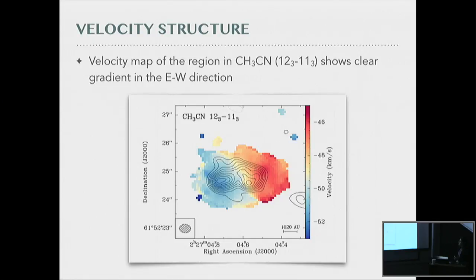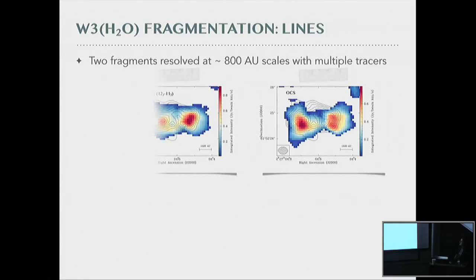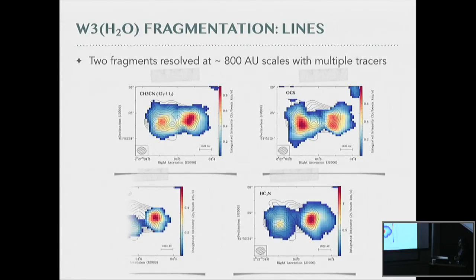So we can also look at the moment zero, the integrated intensity map in lines. And in fact, what we find is that the clump has fragmented into a couple of sources. So even a more diffuse tracer like formaldehyde shows that it's indeed 2 sources.